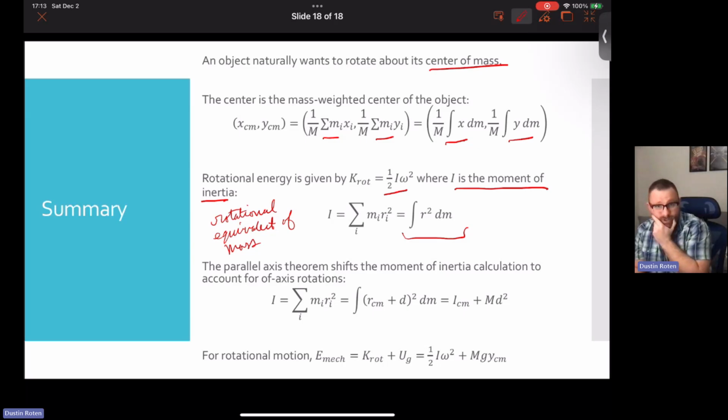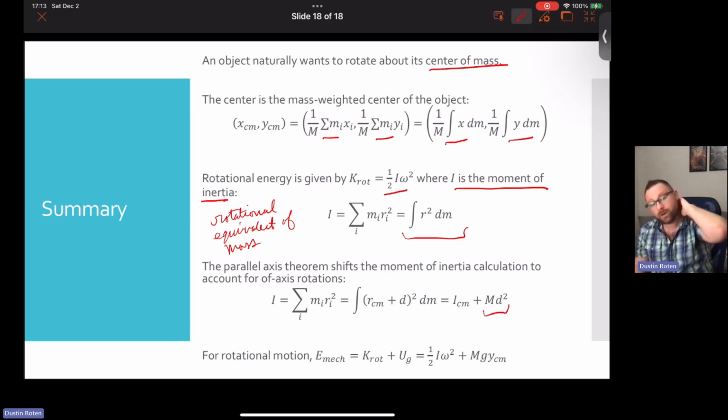The parallel axis theorem, which we talked about, you can actually use to shift the moment of inertia for any sort of off-axis rotation. Whatever the typical standard moment of inertia would be for an object, you would just add this extension for an offset axis, m d squared.